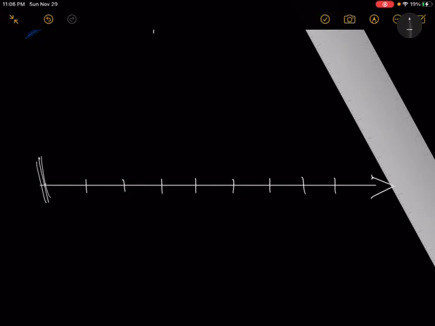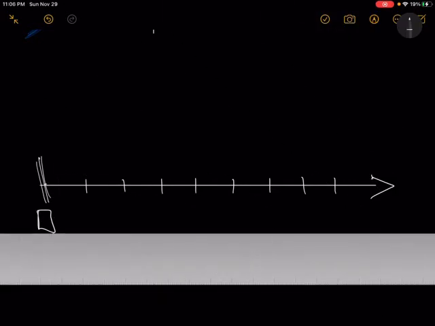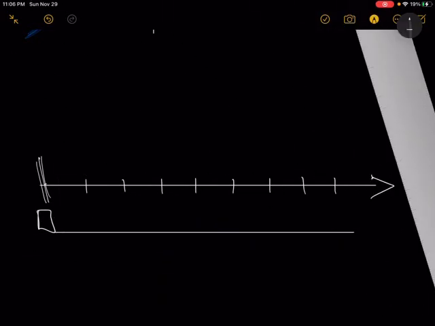Alternatively, you can use a measuring tape, which will already be marked off. Tape that to the floor, and now you can use a camera to watch the movement of the car moving along that segment.